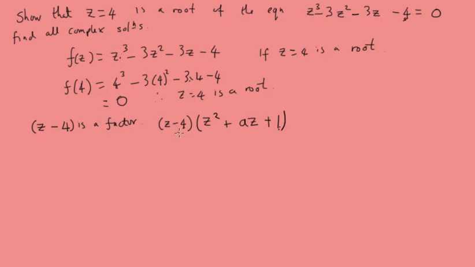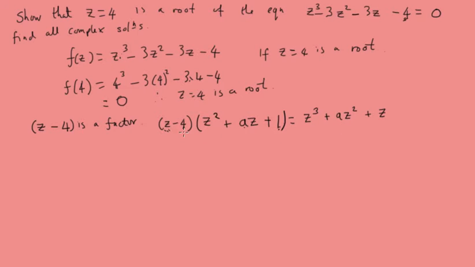Now let's open up the brackets, and we'll do the z's first. So z times z squared is going to be z cubed. z times az is going to be plus az squared. z times 1 is just plus z.